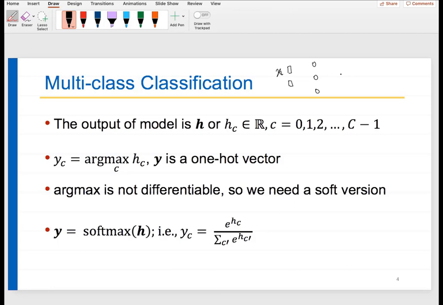How many outputs should I keep? 1, 3, 6? Capital C. I'm giving the example of when C is 3, rose versus lotus versus jasmine. So my C is 3 in this case. So yes, C or 3.